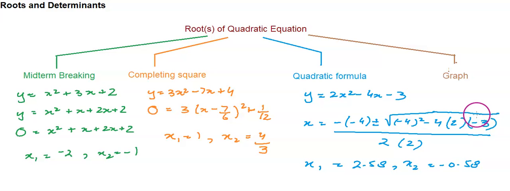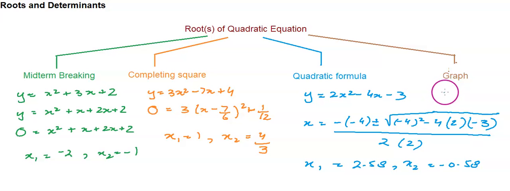Now on to the last method, which is done by drawing the graph. So in this method, you actually draw the whole graph of a quadratic equation, and you observe the points at which the graph cuts the x-axis, and obviously those points are the roots of the equation.